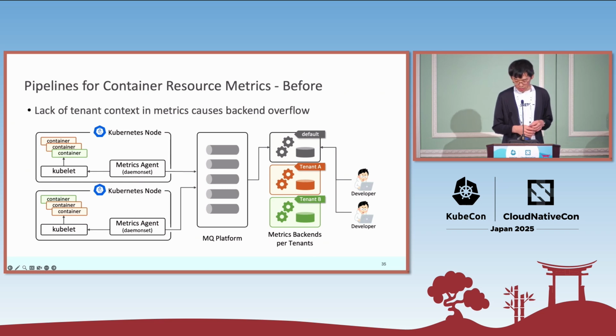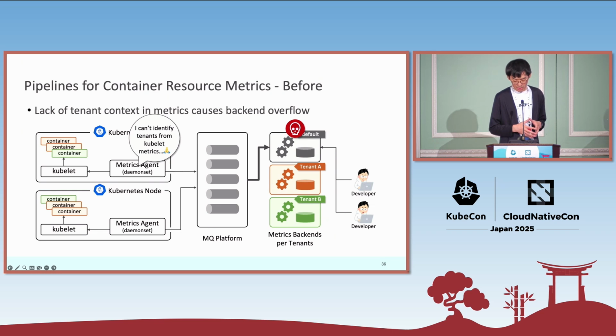This slide shows a pipeline for container resource metrics, such as CPU and memory usage. Each agent accesses the kubelet on the same node to collect metrics, then sends them to the backend through the metrics queue.